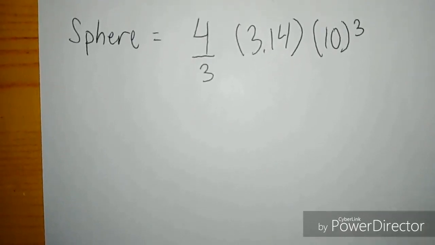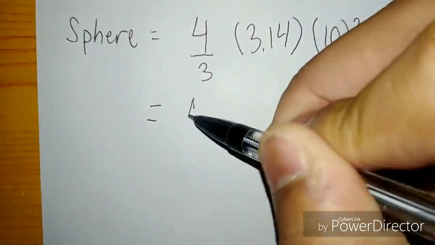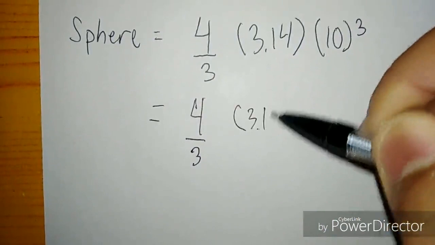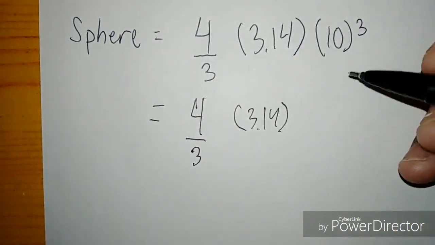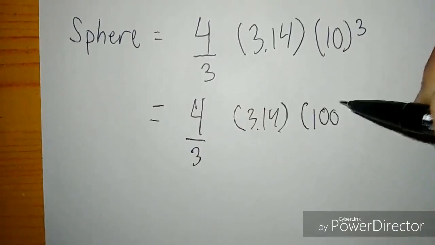Using PEMDAS, it gives us the result of 4/3 multiplied by the value of pi and r cubed, which equates to 1000.